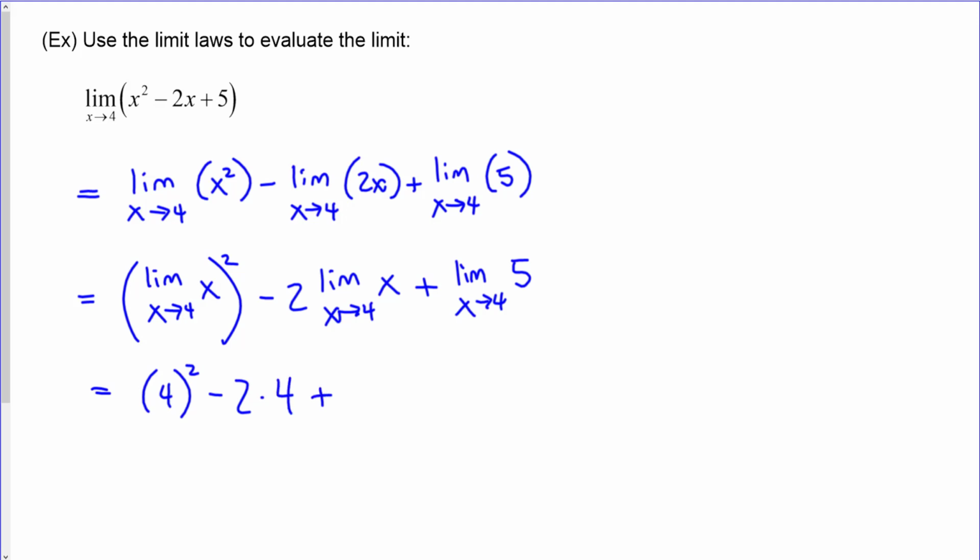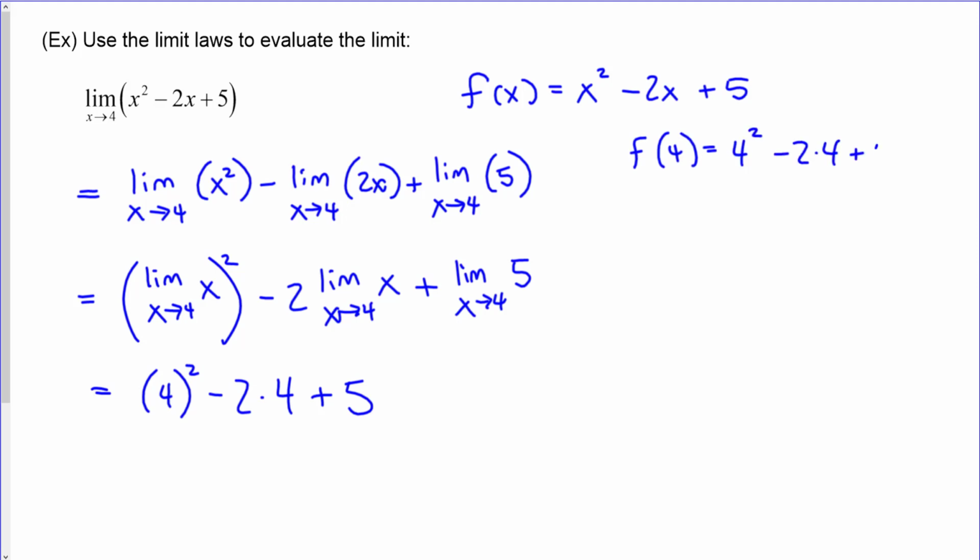And then the constant 5. But look how similar this is to if I had just taken the function f of x, which is x squared minus 2x plus 5, and simply evaluated it at 4. I would get 4 squared minus 2 times 4 plus 5.